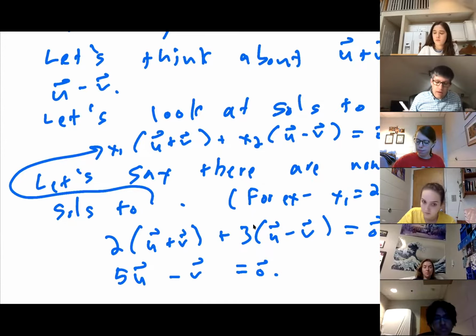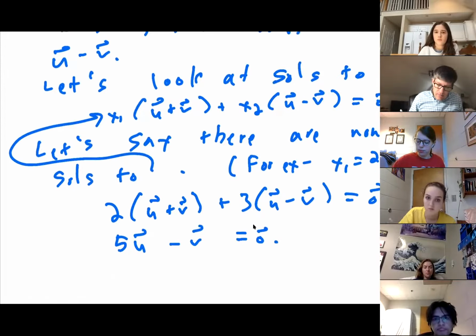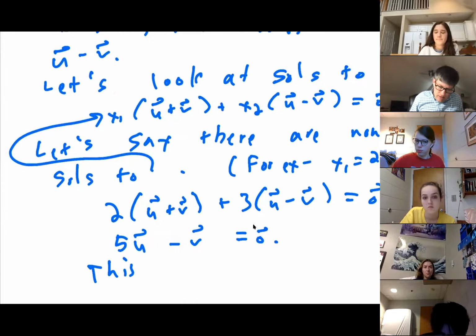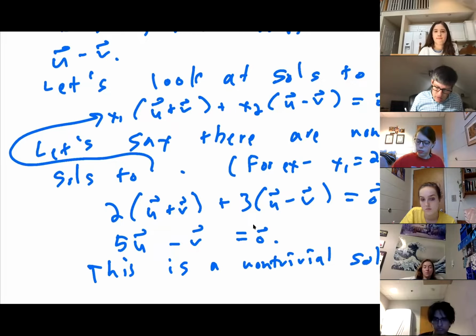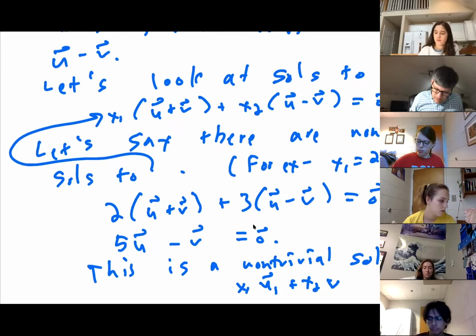But look, this is a non-trivial solution to x1 u1 plus x2 oh, sorry.